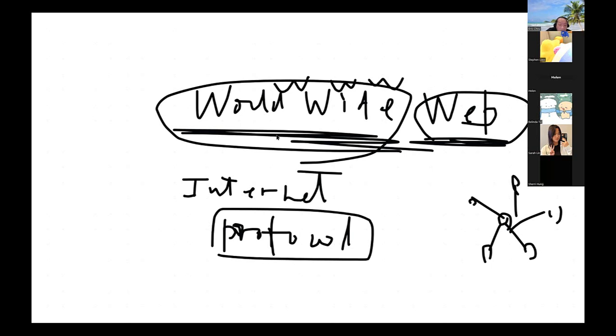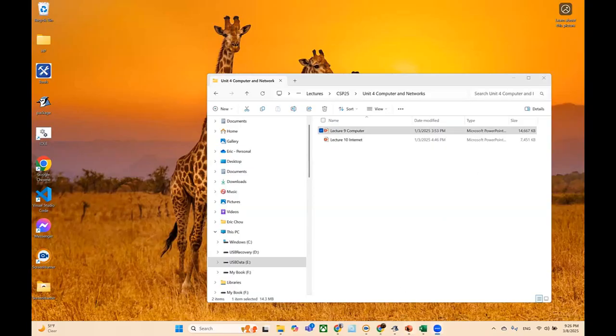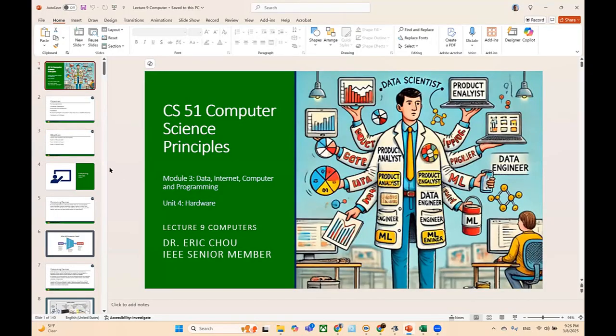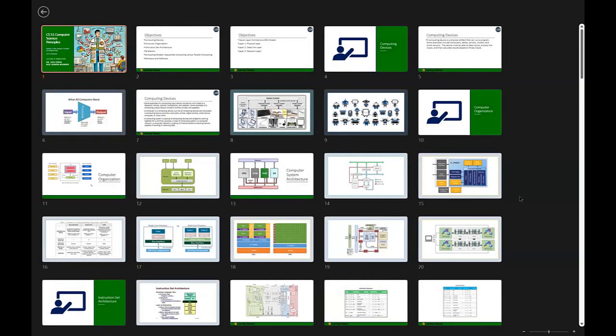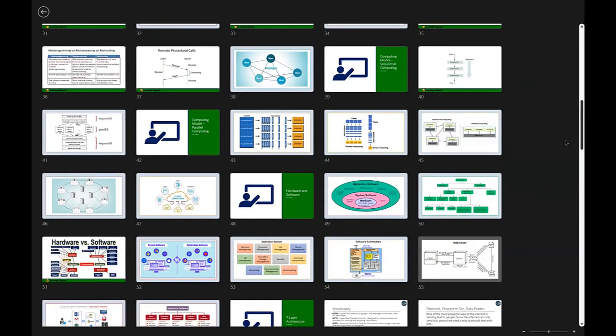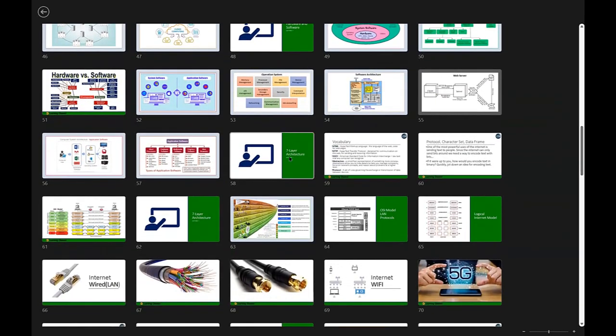So a protocol is the communication standard set up among the network for people to follow, so that you can talk to each other. These different terms, network, internet, protocol, you need to know the definitions very clearly. Otherwise, you will be in trouble.